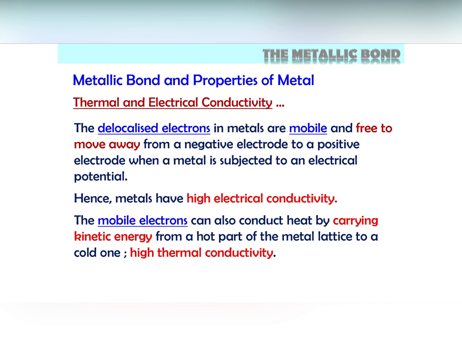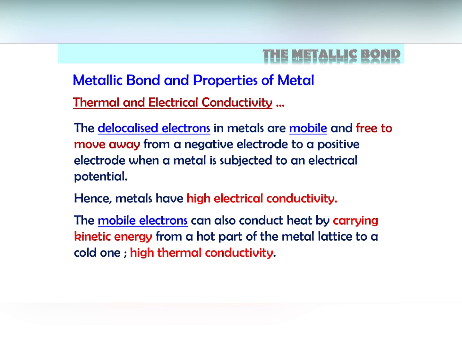So, let's say kita ada negative electrode and then this is the positive electrode. So, elektron dia boleh move around pergi ke positive electrode. So, that is why kita cakap elektron freely move. So, itu yang membuatkan metal can conduct electricity and can conduct heat.